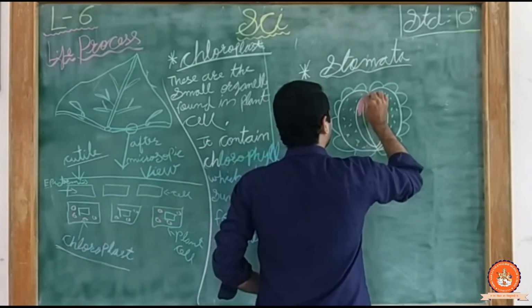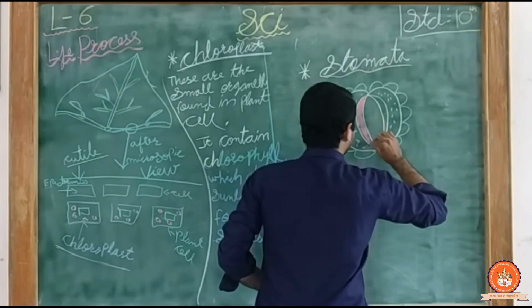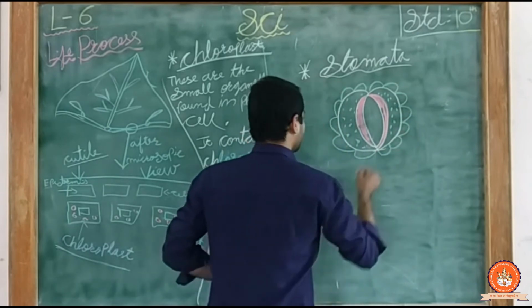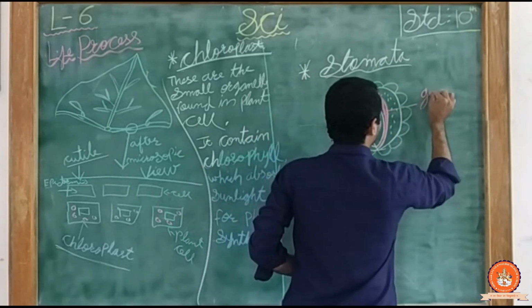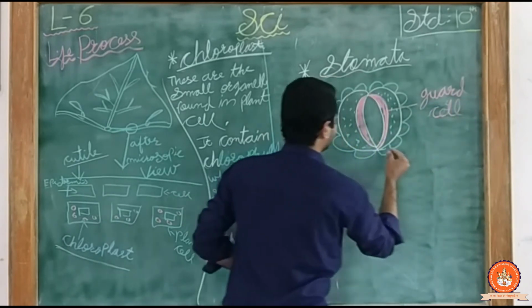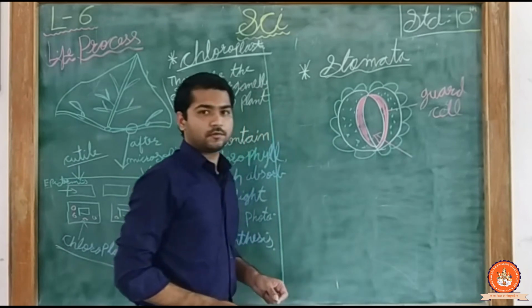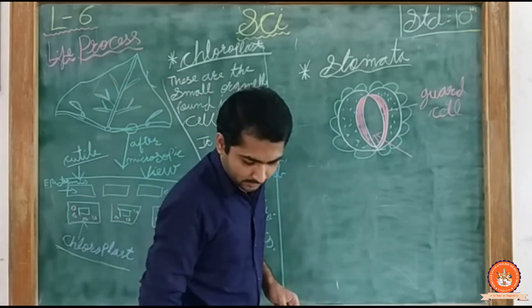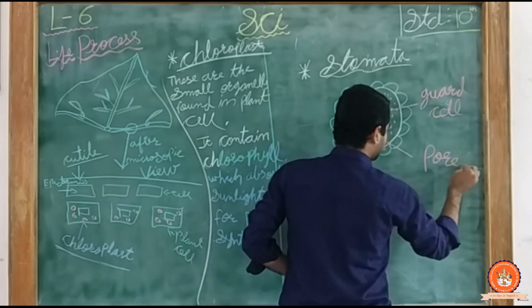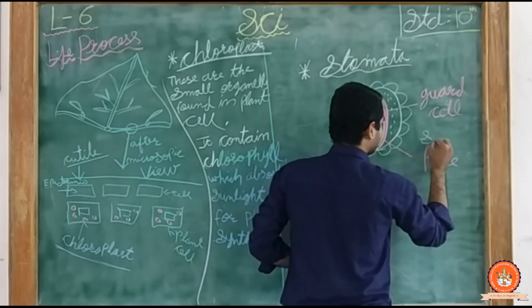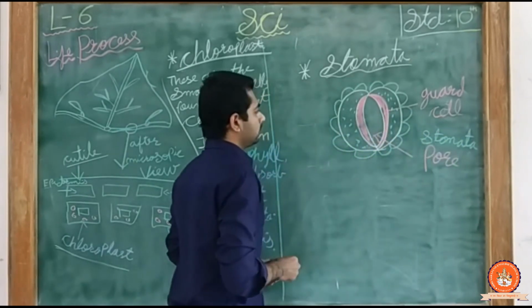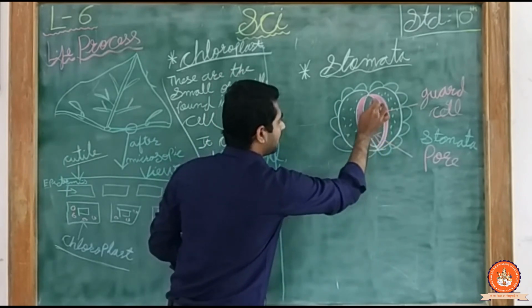This is my pink part, and the pink part I am showing is my guard cell. Clear? And this is my stomata. The whole is my stomata, and this part is my stomata pore.